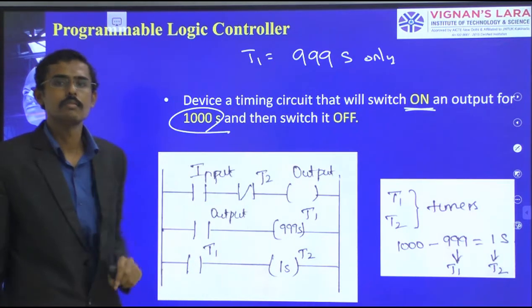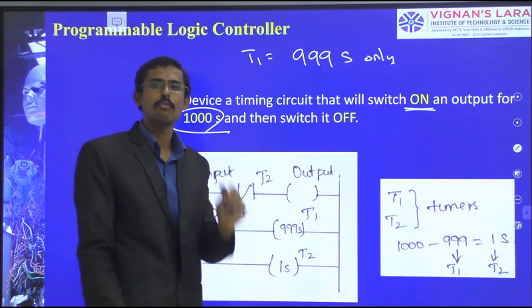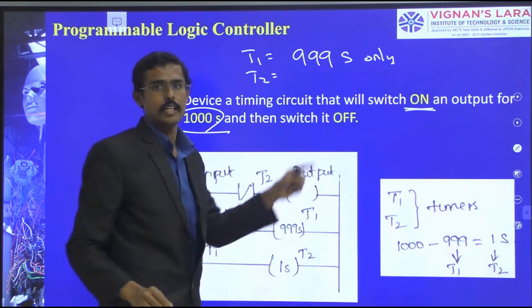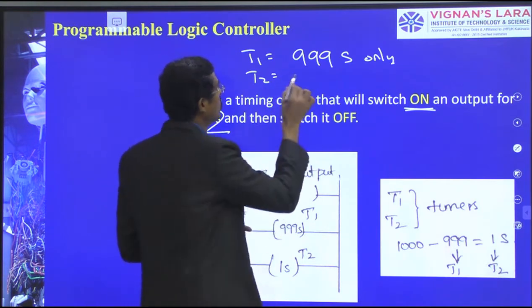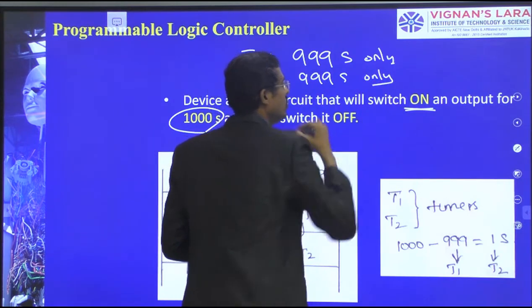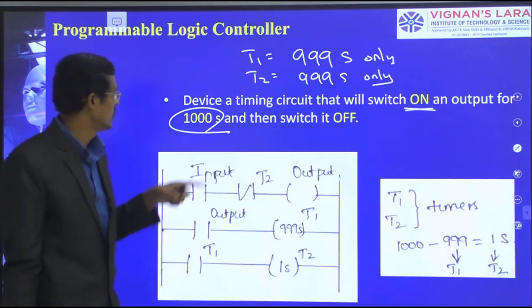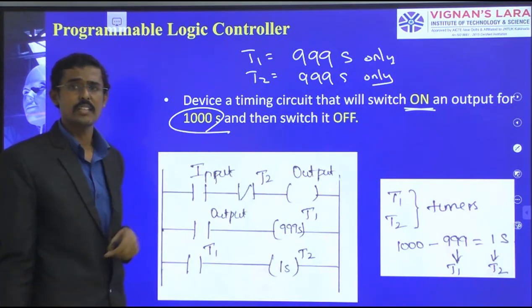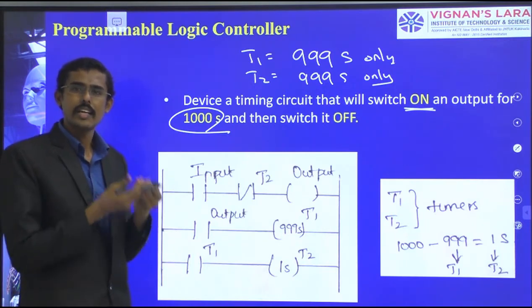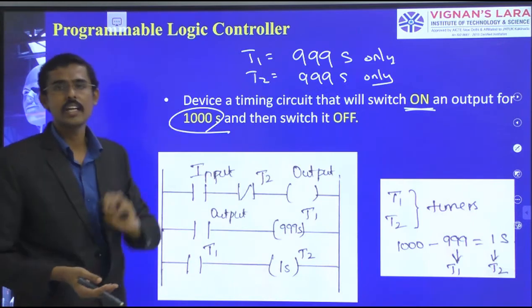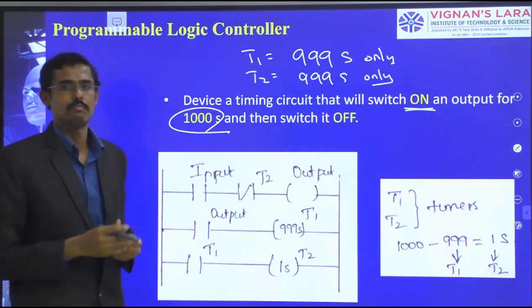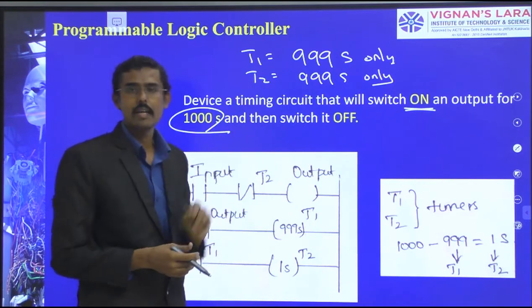Above that, by the conditions of the software, we have to use a second timer, which will also work up to 999 seconds only. They have given the condition of 1000 seconds, but the simulation can be done up to 999 only. For the 1 extra second, we should use timer 2.